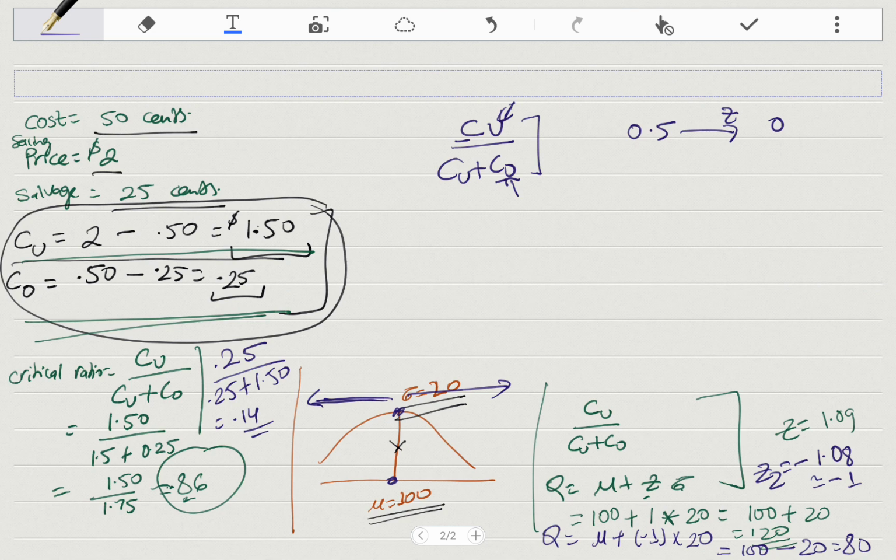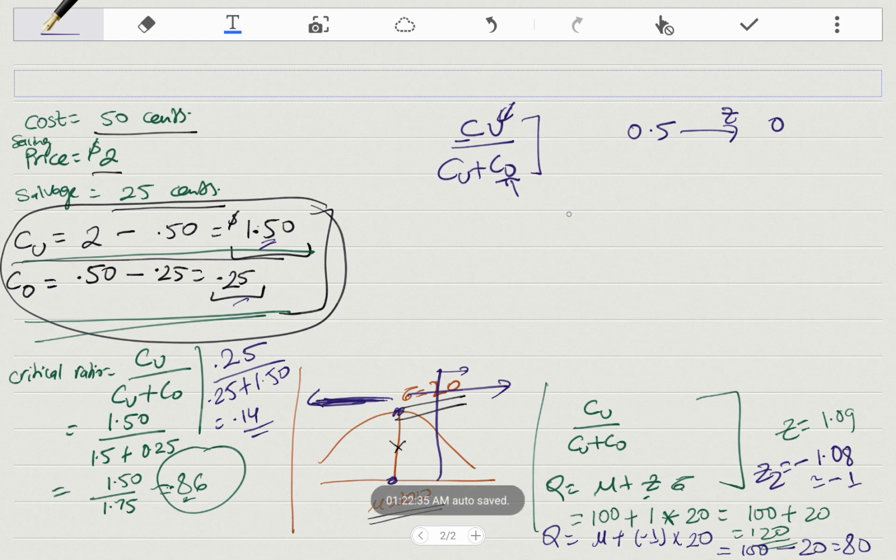Now suppose your CU is higher than CO, as in our earlier example, where CU was $1.50 and CO was 25 cents. The cost of ordering less is higher, so you would rather make a mistake of ordering more.